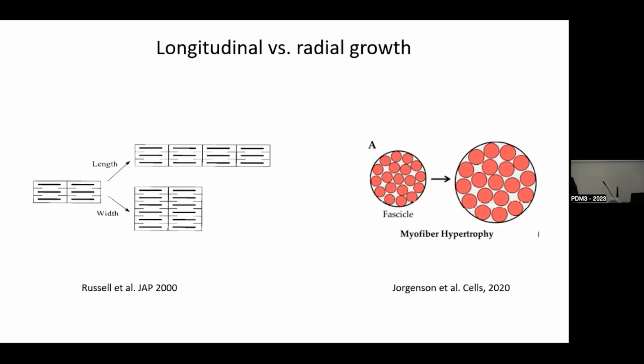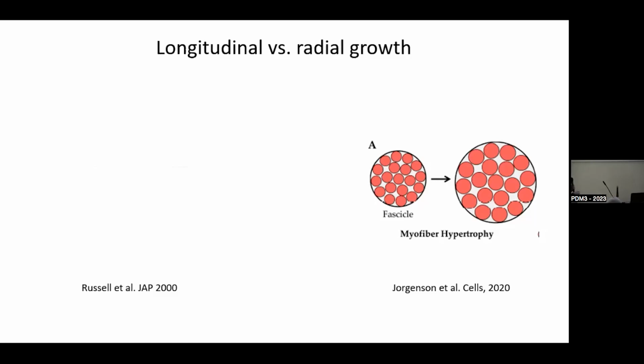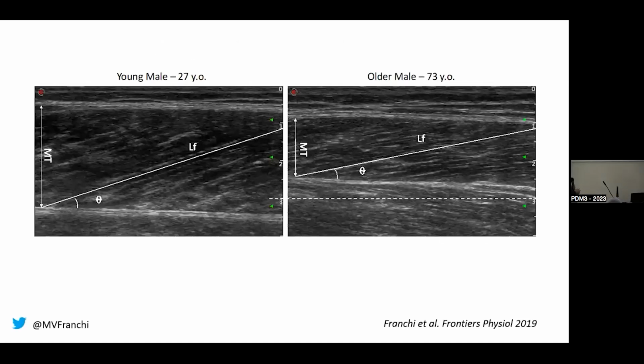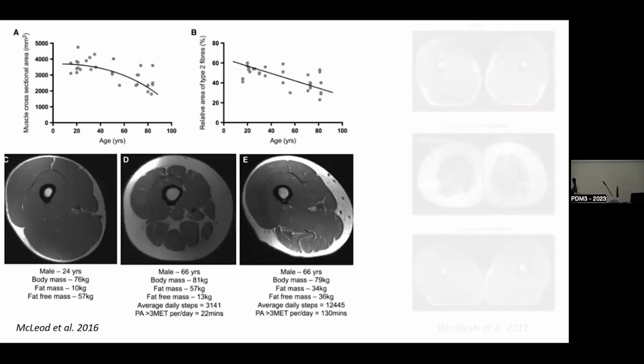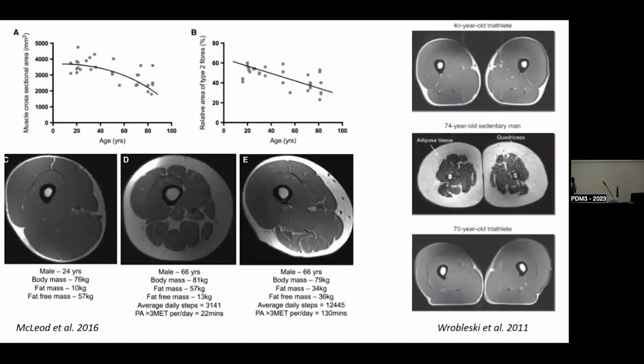So if we think about the reverse effect, which is the loss of sarcomeric material, we will have a loss of in-series sarcomere and in parallel sarcomere as well, as we saw in this picture right here, reflected by the architectural adaptations. The good news is that if we stay active, even if we lose muscle quality and size with age and a sedentary lifestyle, with exercise we could try to mitigate or counteract this loss of quality and mass.